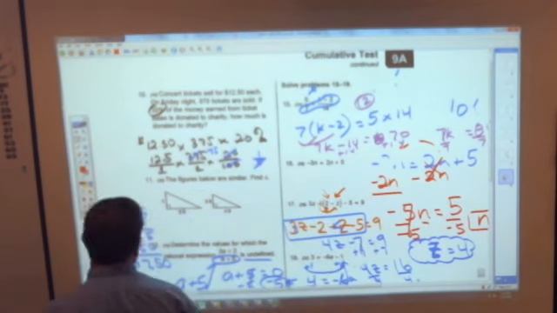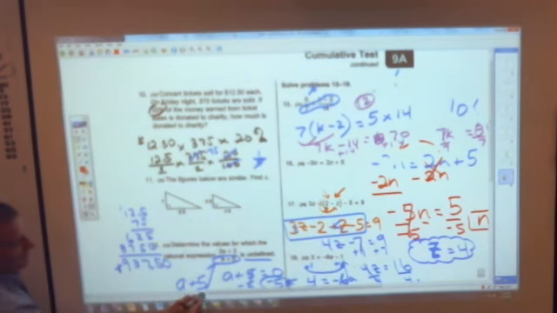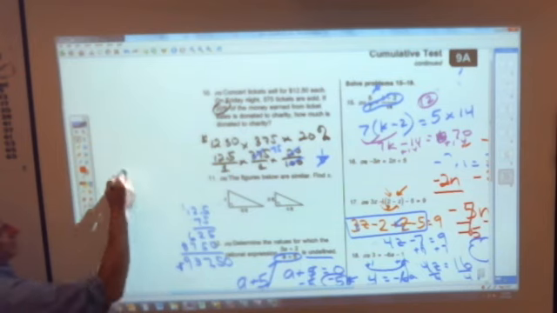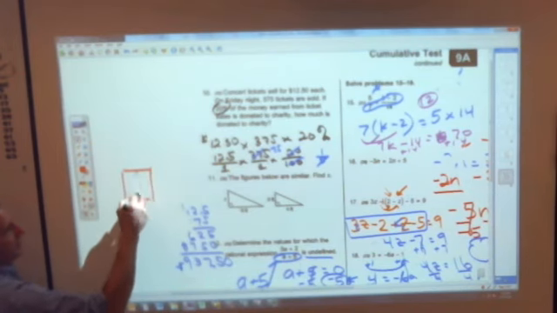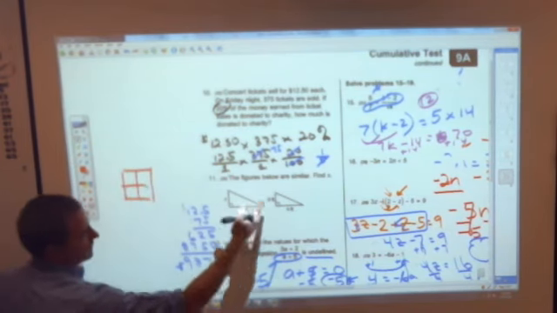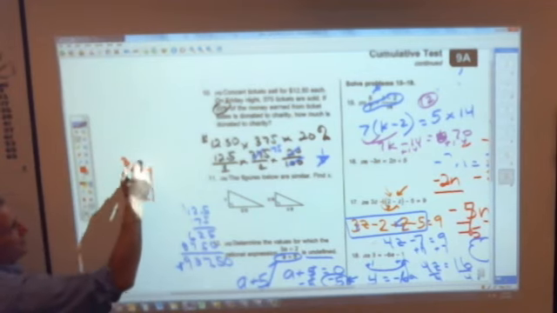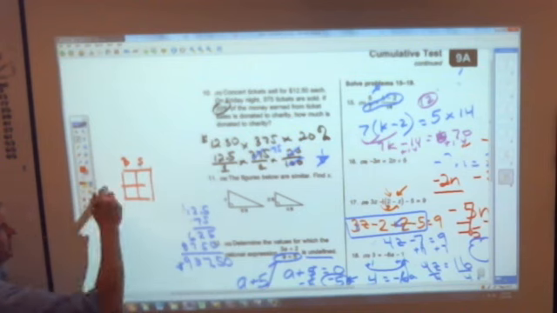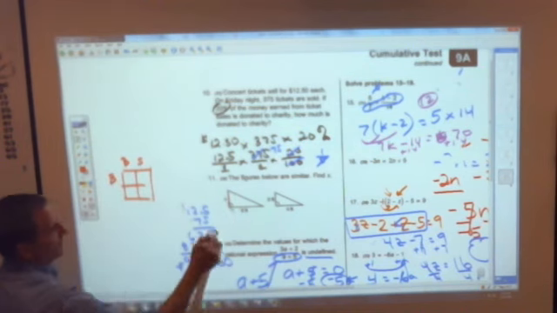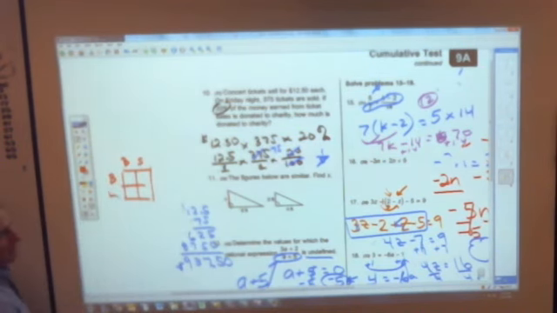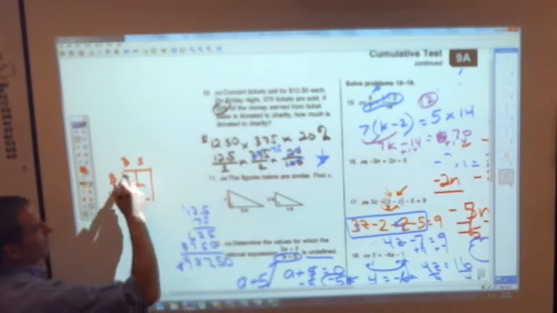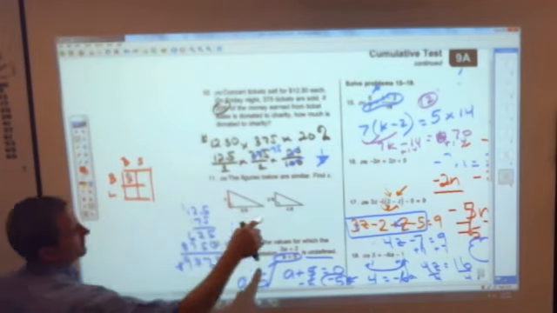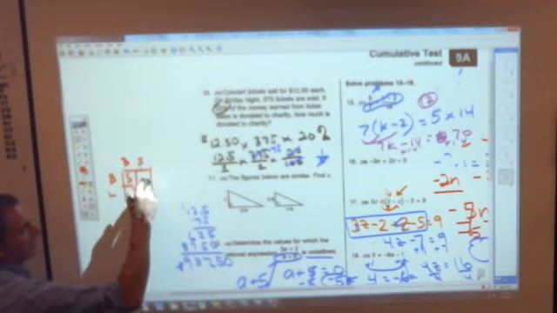Oh, 11, you should have made a ratio box. It doesn't matter how you set it up, but I would go like this. If you want to go big triangle, small triangle, what are you going to compare? You can say the bottom line to the left line. Bottom on the big is 5. Bottom on the small is 4.